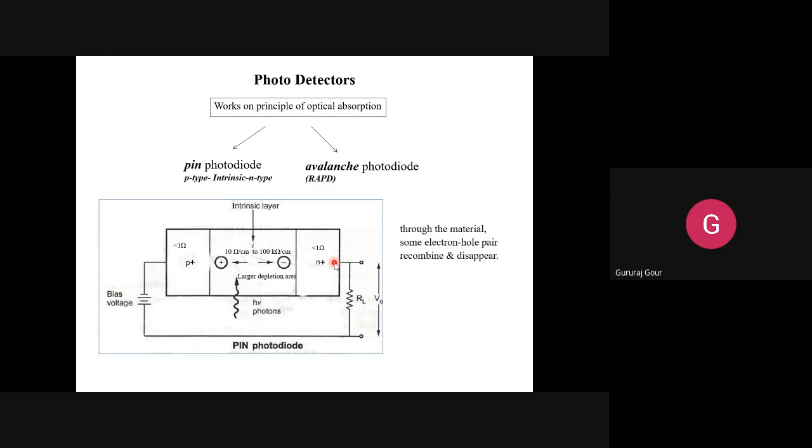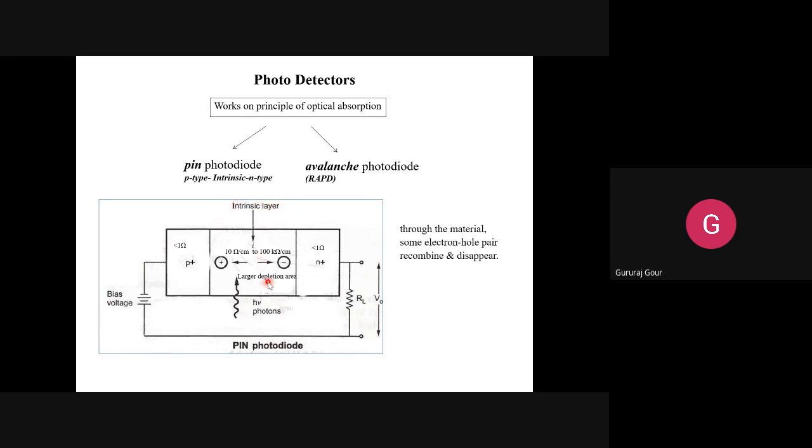The middle intrinsic layer is kept larger, and it is meant for absorbing the photons falling on it. The light from the LED or laser comes through the optical fiber and is connected here through the lens.